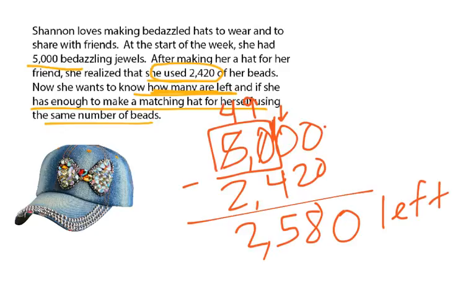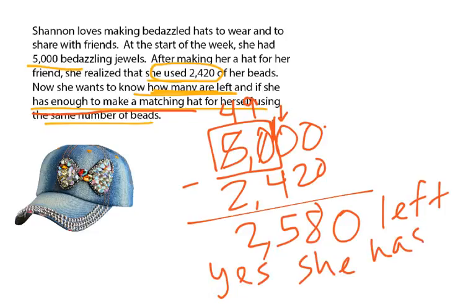Now we're trying to see, does she have enough to make a matching hat for herself? Well, how many did she use the first time? The first time she used 2,420. So yes, she does have enough to make a matching hat for herself.